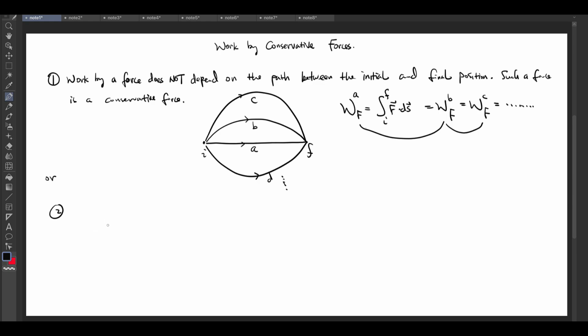The second condition is that the work done by such a force in a closed loop is 0. If the force satisfies such a condition, then we can also say such a force is conservative.